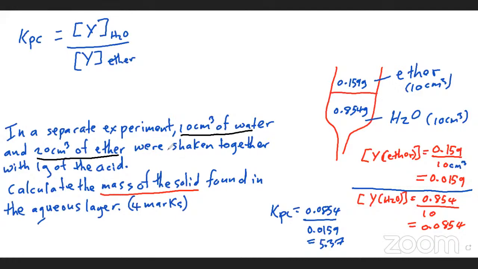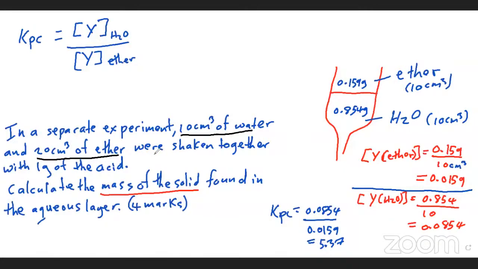So remember now, concentration is mass over volume. We don't know the exact mass of the acid in the water or the ether, because all they said is they mixed it with 1 gram. And remember, it would have been distributed, but we don't know how much in this particular experiment. All right.